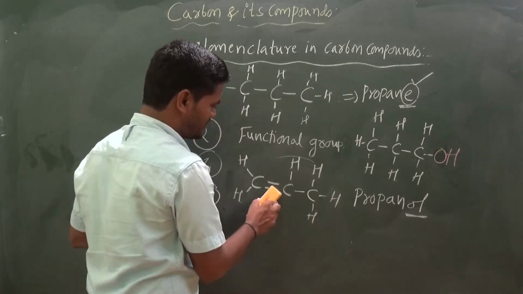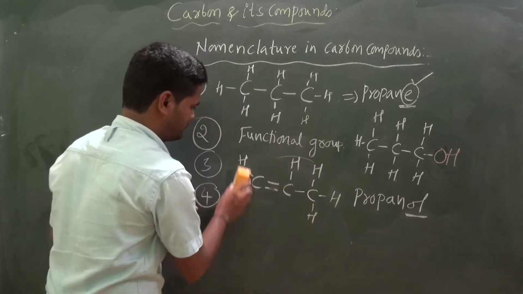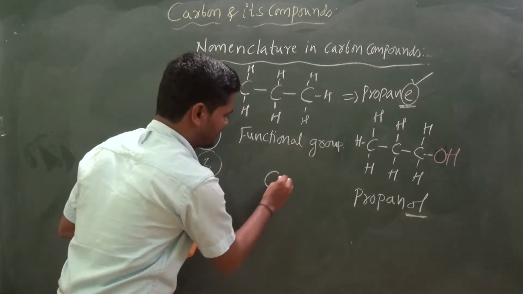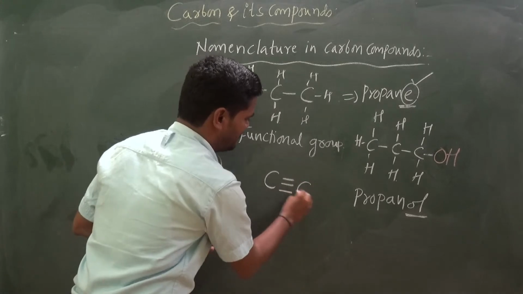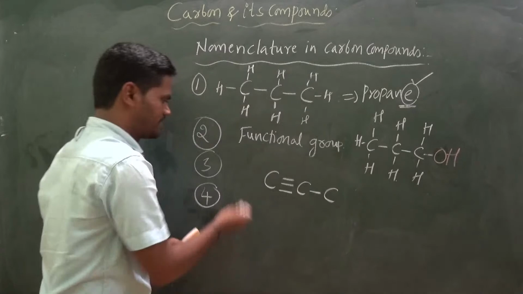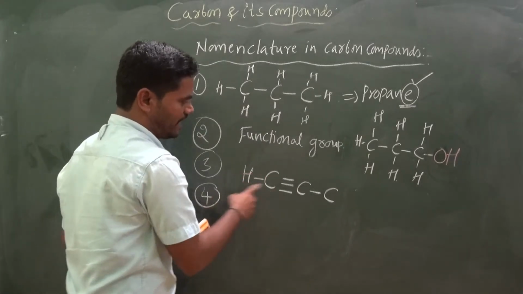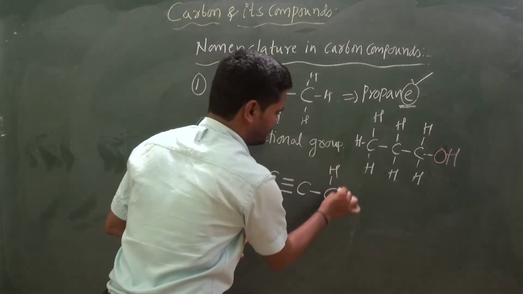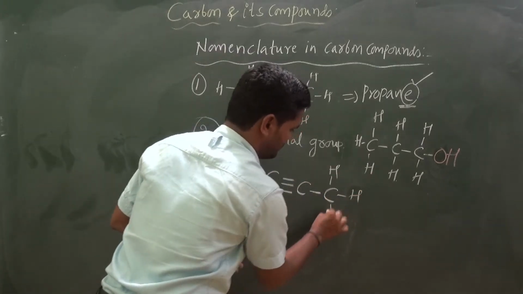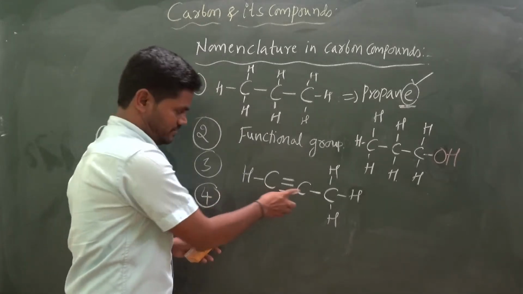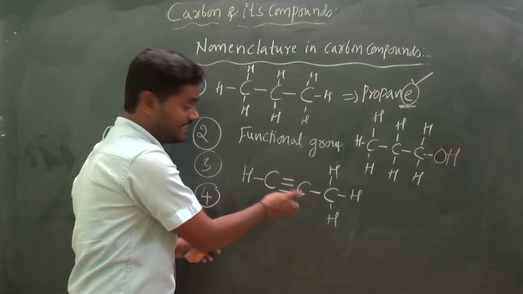Suppose a carbon-carbon triple bond is there. This one has one hydrogen, already satisfied. You have to see the bonds present in the organic compound.